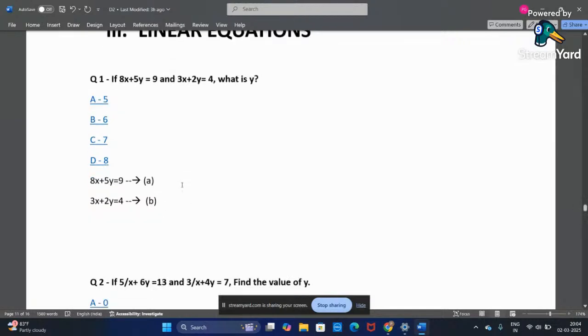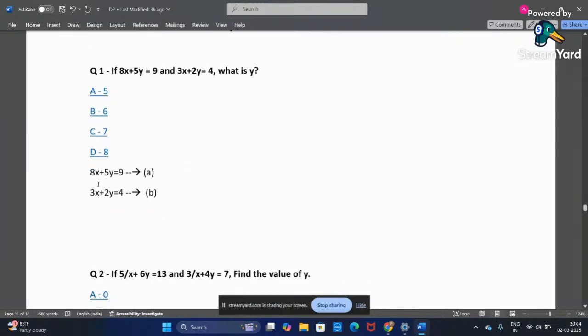To subtract these equations, there should be a common coefficient. So what we have to do? We have to multiply equation A by 2.